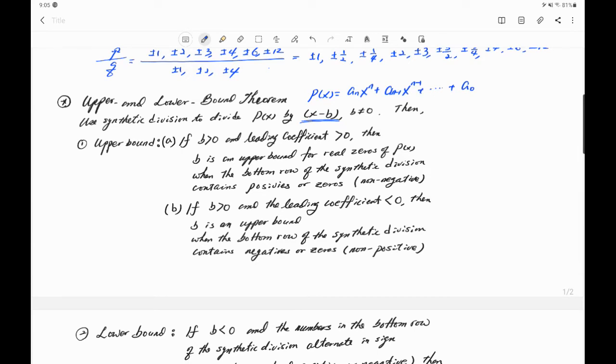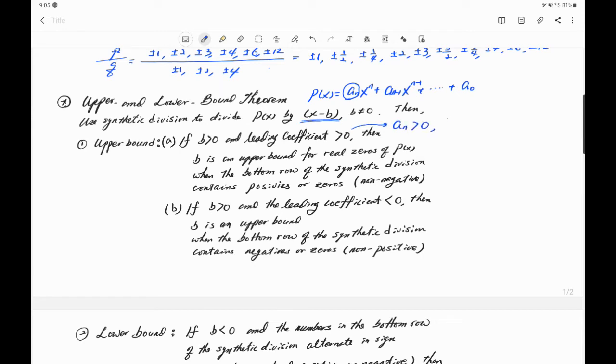Let's say b is a positive integer, a positive number. And the leading coefficient, in this case an, is a positive number.